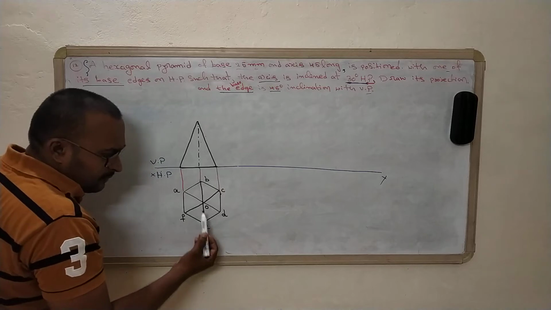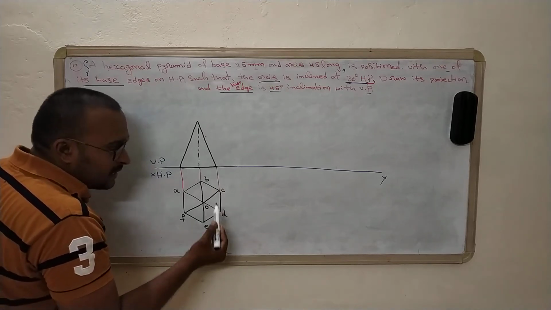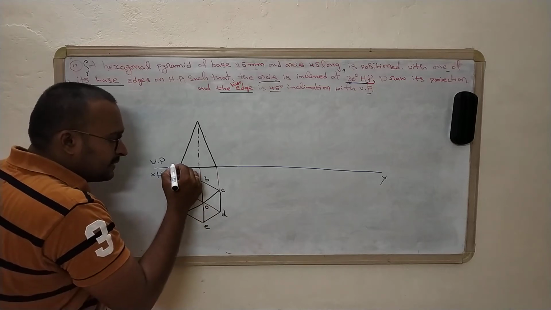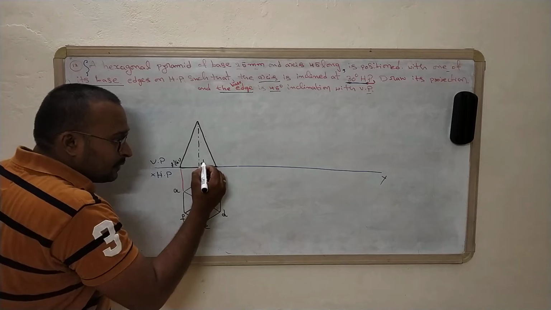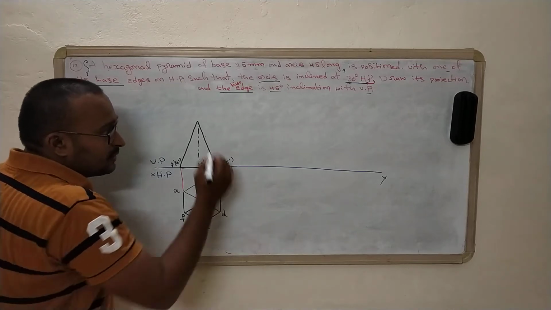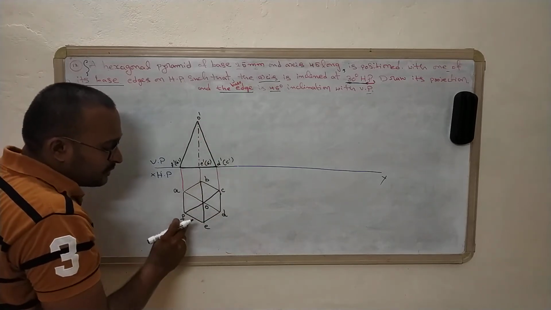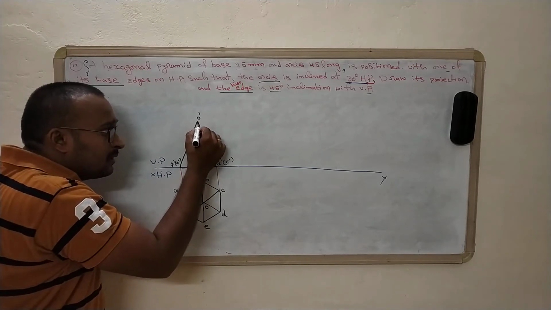When we are going to see from the front view, the OF, OE, OD lines are going to be visible. So here it is F dash A dash, E dash B dash, and then D dash C dash. Here this is the O dash. So OF is visible and OE is also visible.